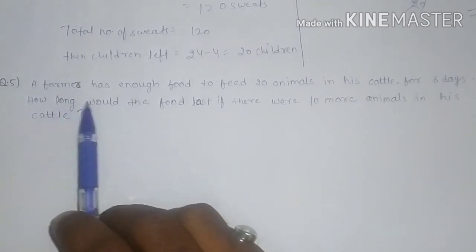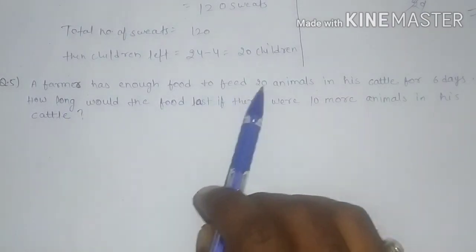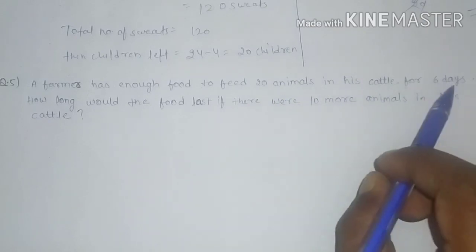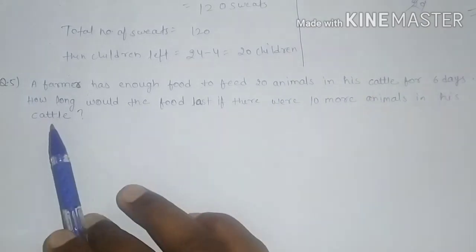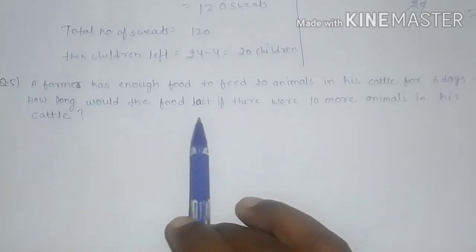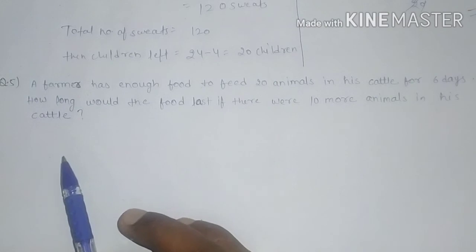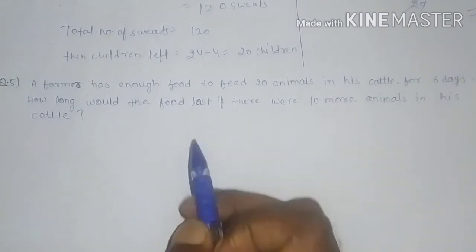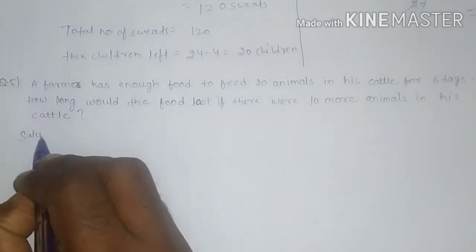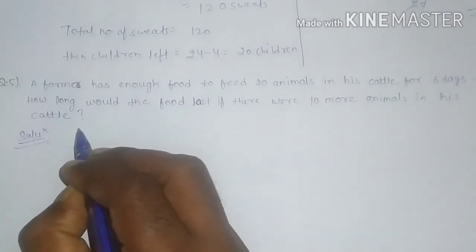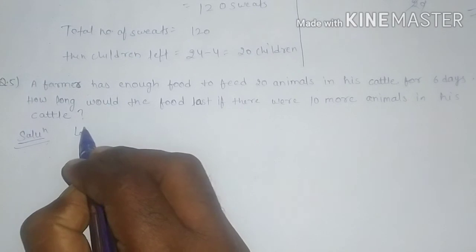A farmer has enough food to feed 20 animals in his cattle for 6 days. How long would the food last if there were 10 more animals in his cattle? So simply, solution. Let the number of days be x.